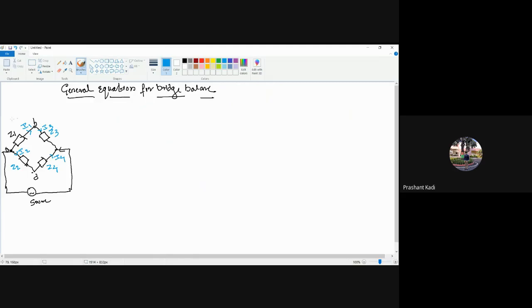Between the terminals B and D, we have the detector. The condition for balance of the bridge requires that. Wait a minute.